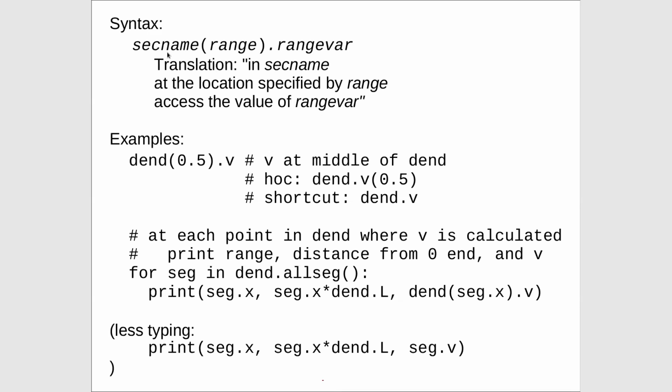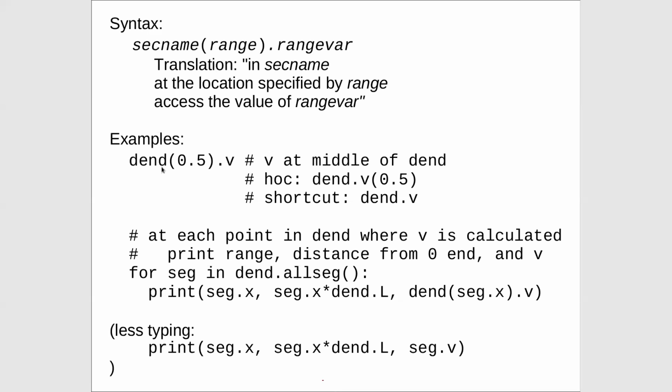And you read this by saying in sec name at the location specified by range, I want to access the value of some variable range var. So an example, at the middle of dendrite, 0.5 is the midway location, halfway between 0 and 1. I'm interested in membrane potential. So I want membrane potential at the middle of dendrite, okay?